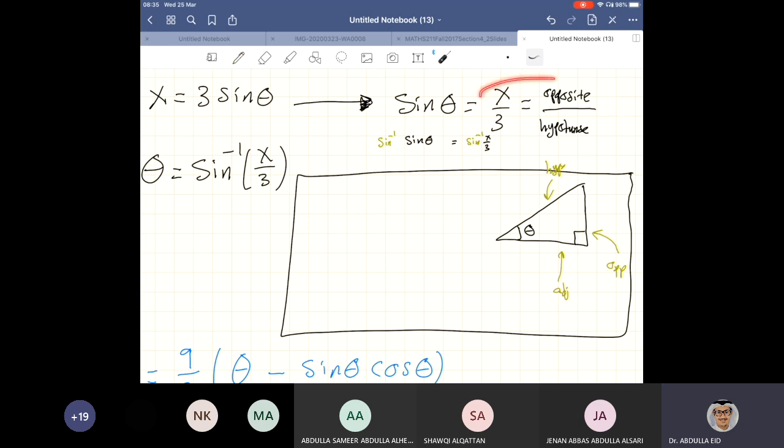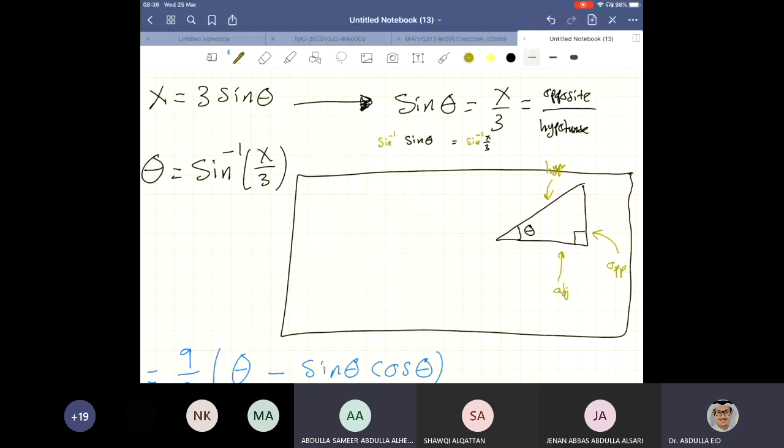Now, if you look closely at this equation, can you compare how much is the opposite and how much is the hypotenuse? Opposite is x, and hypotenuse is 3. So what do you think the adjacent is? It's the remaining one.